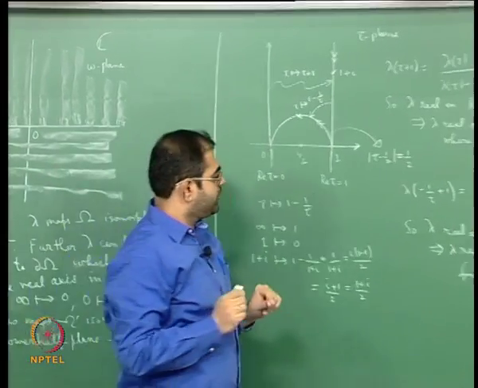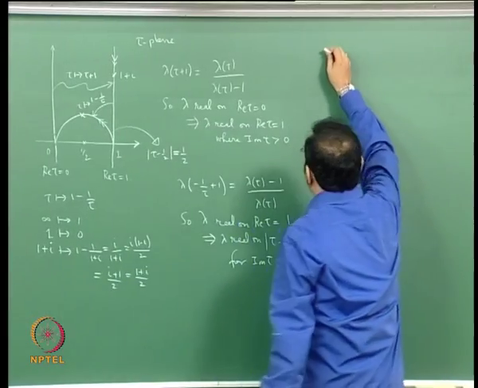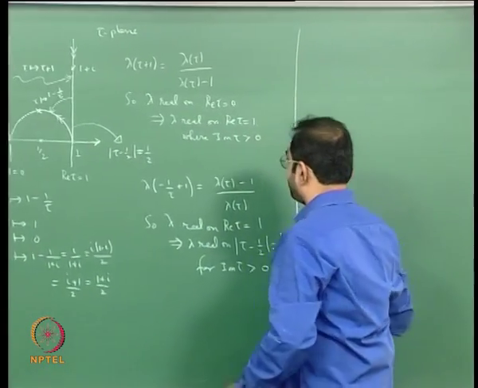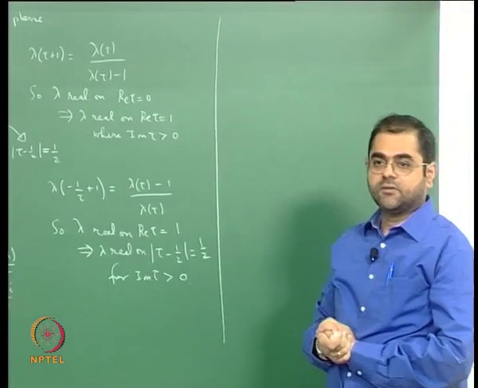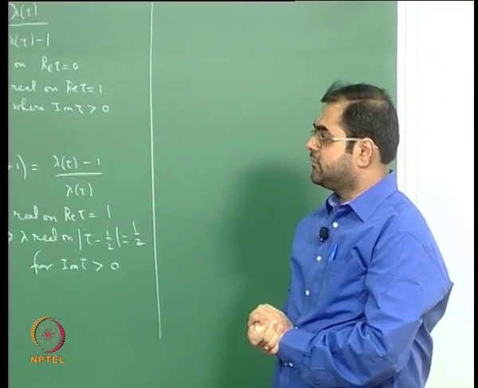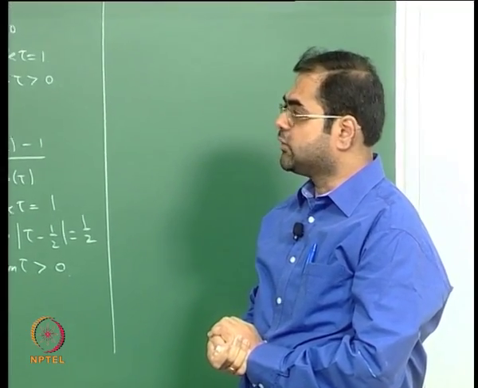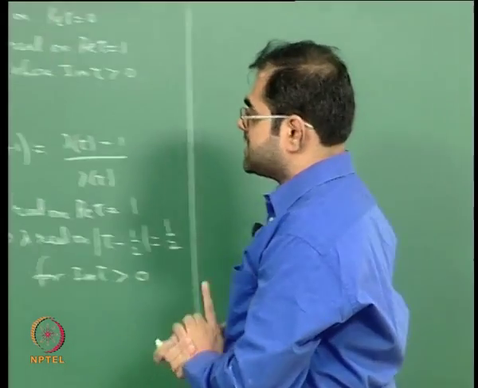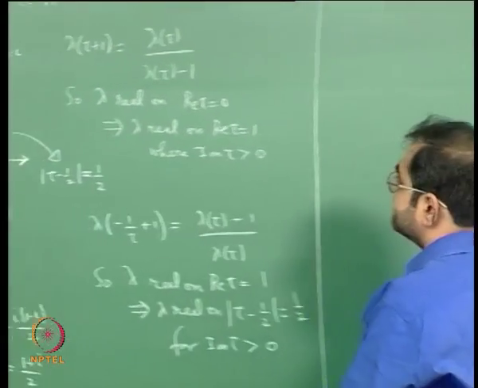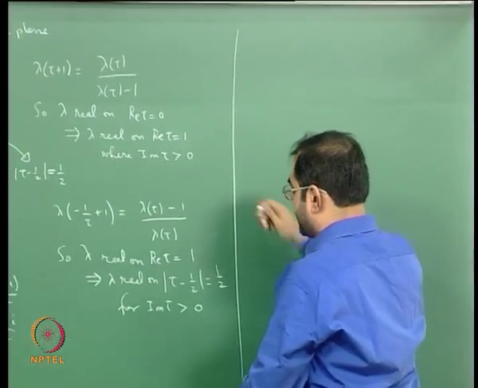So the first part of our discussion proceeds to show that lambda is real on the imaginary axis. So let me write that down.